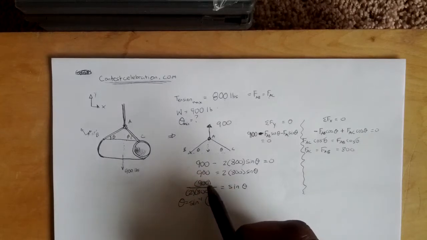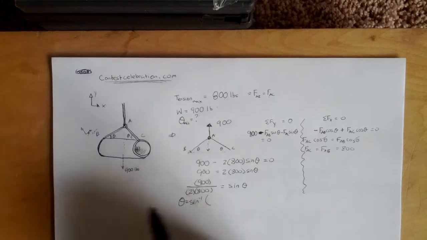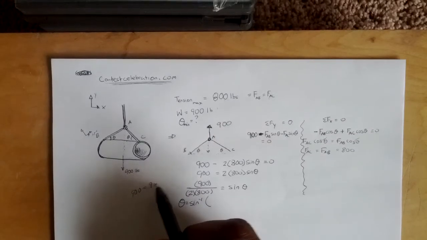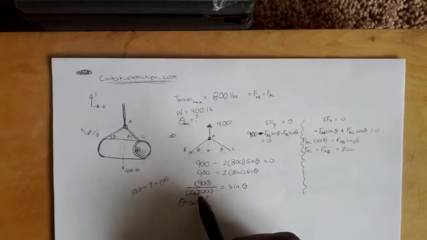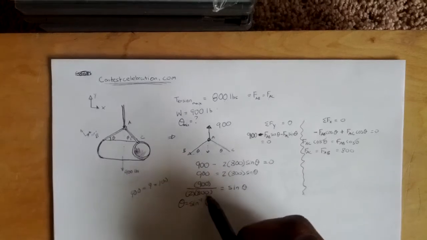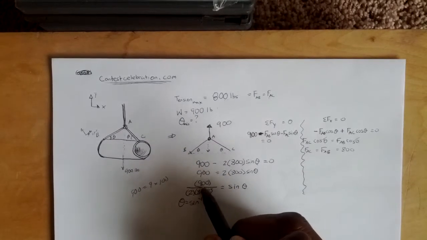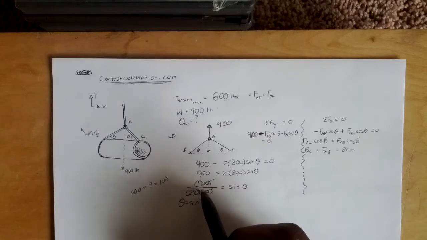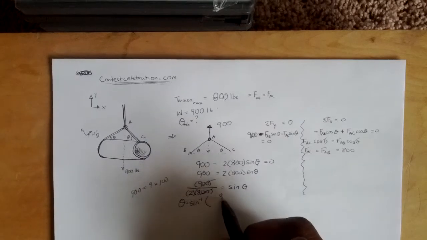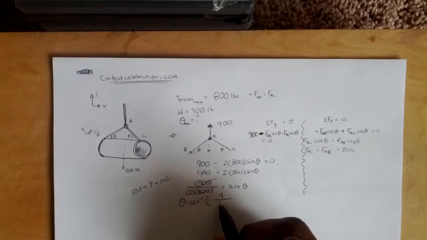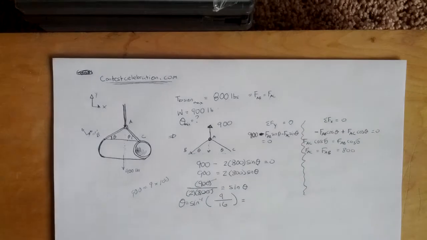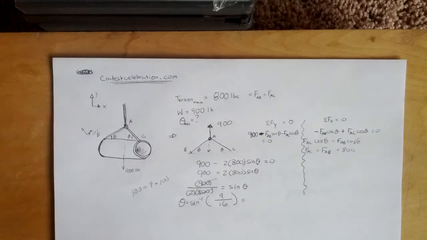We can factor out the 100 times this 9, because 900 is 9 times 100. Same for this one, it's 8 times 100. So we can factor out that 100, right? And I believe that's it. So we have 9 over 2 times 8, which is 16, and inverse sine of that will be our answer.